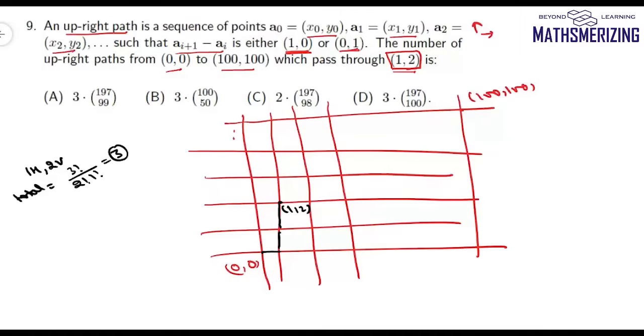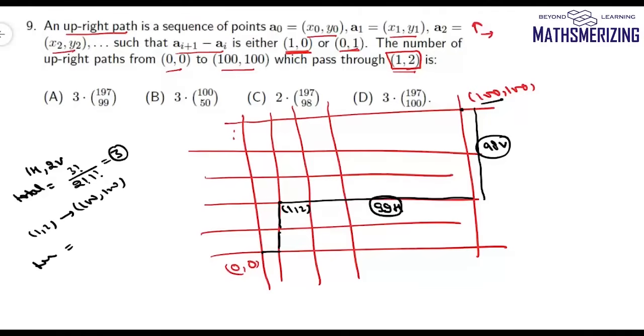Now from (1, 2), we need to go to (100, 100). To reach (100, 100) from (1, 2), we need to cross 99 horizontal paths and 98 vertical paths. In how many ways can we arrange these 99 horizontal and 98 vertical paths? The total number of arrangements will be 197!/(99! 98!).